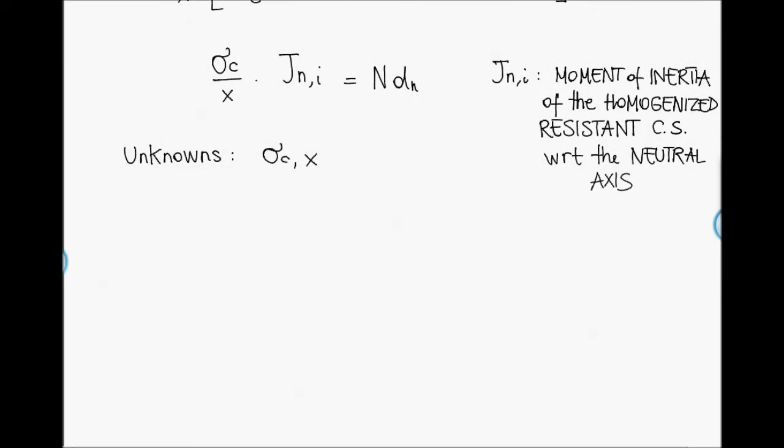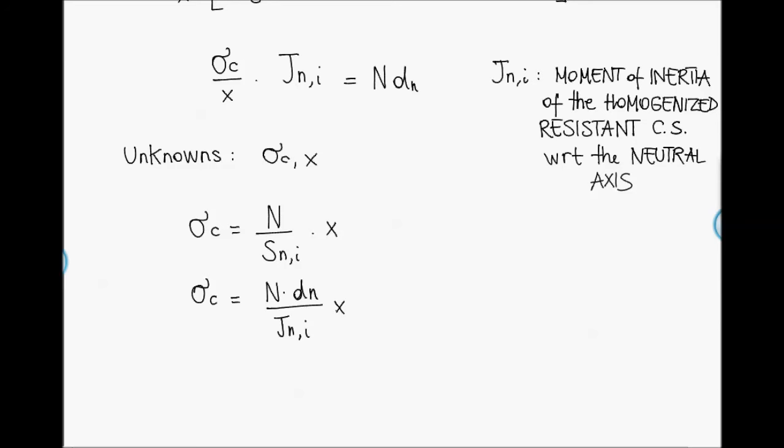By considering the relationships just found, we can write that sigma c is equal to N over the static moment Sni by x, and sigma c from the rotational equilibrium equation is N by dN over the moment of inertia Jni by x.